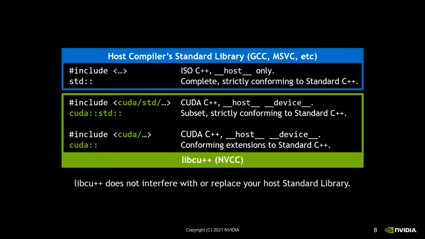The host compiler's standard library does. Unfortunately, those std facilities won't work on GPUs with NVCC. Instead, libcu++ provides heterogeneous versions of select C++ standard library facilities in the cuda::std namespace. It also provides modern C++ abstractions for the CUDA platform in the cuda namespace.